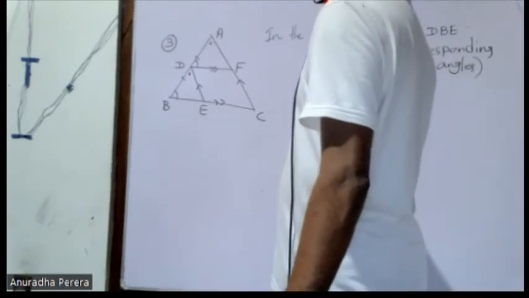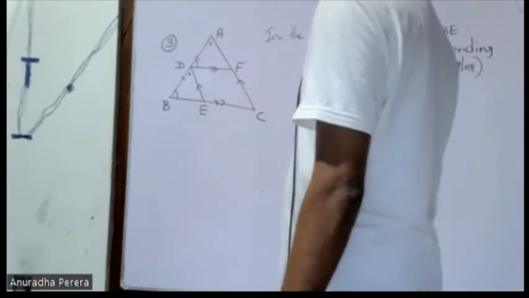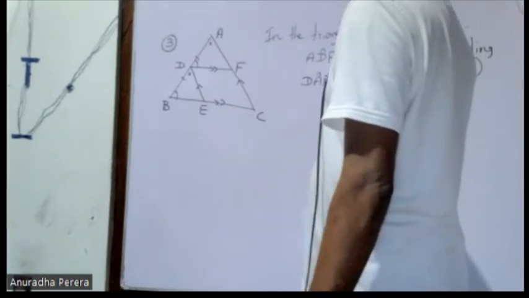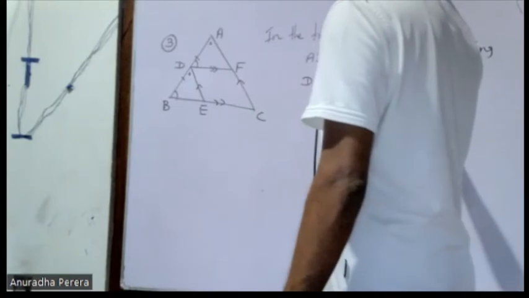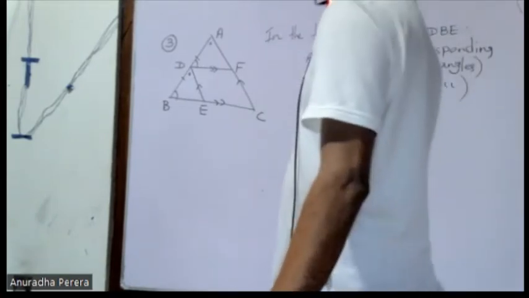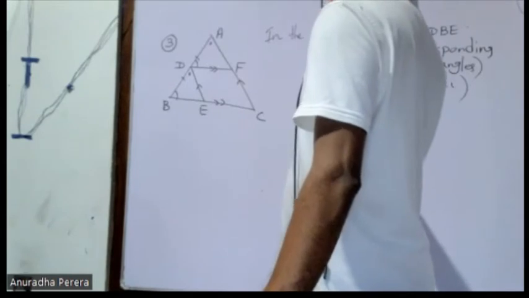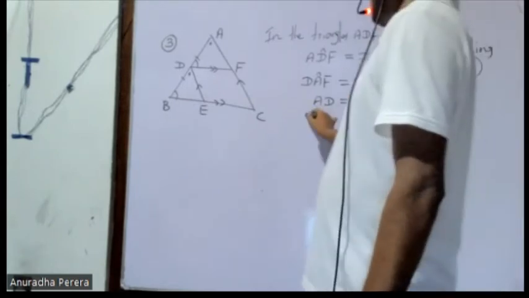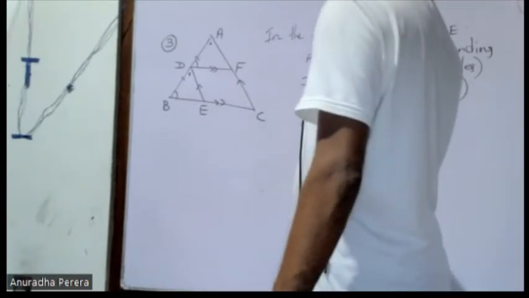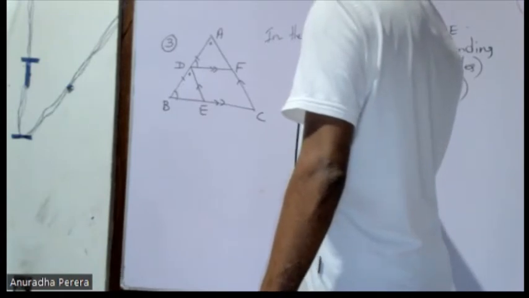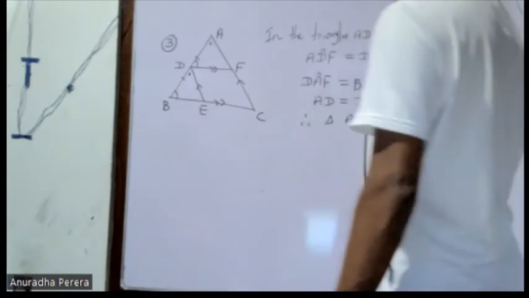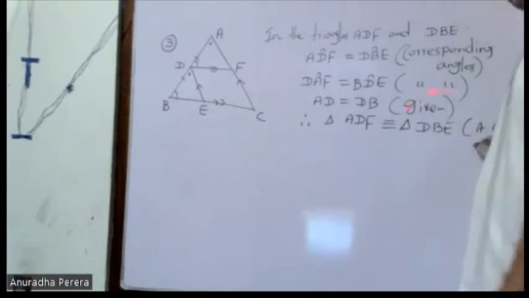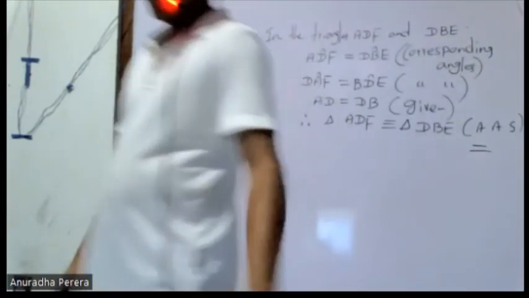DAF equals BDE, again corresponding angles. AD equals DB, given. Therefore, triangle ADF is congruent to triangle DBE. Angle, side. Angle, side.